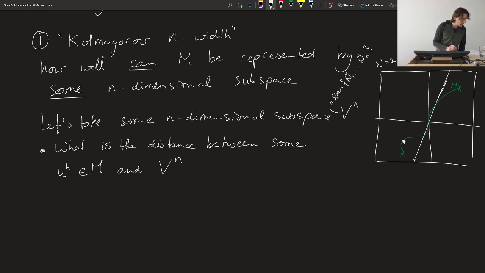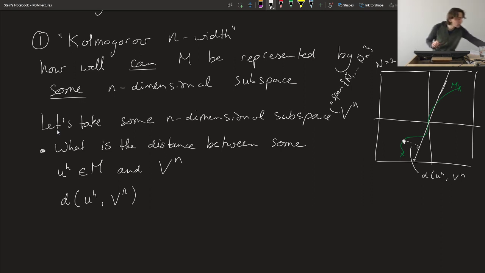Okay, so what is the distance between some solution, which is a function in our solution manifold, and our subspace? We'll call that d(u_H, V_n). Well, I can draw that graphically, it's really quite clear. From that point, I have to go perpendicular onto my subspace. And that is what we call d(u_H, V_n).